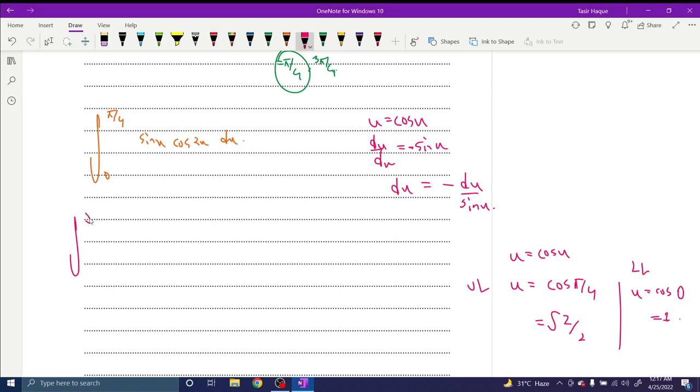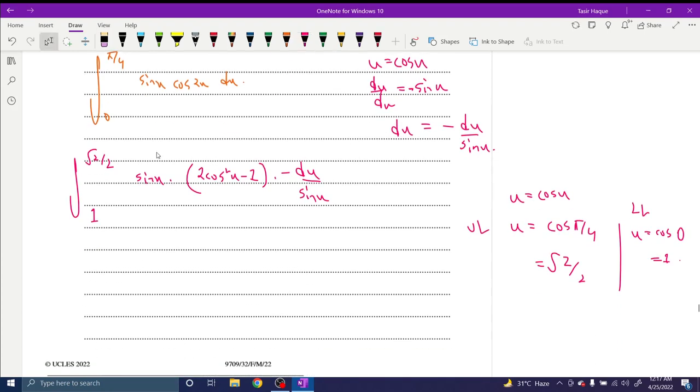So let's apply them. Root 2 by 2 and 1. Sine x into cos twice x can be written in terms of 2 cos square x minus 1, and in the place of dx I'm going to substitute minus du by sine x. Looks good. I can get rid of these and I can write this as, with cos x as u, 2u square minus 1 du. But there's a minus sign with this, right?